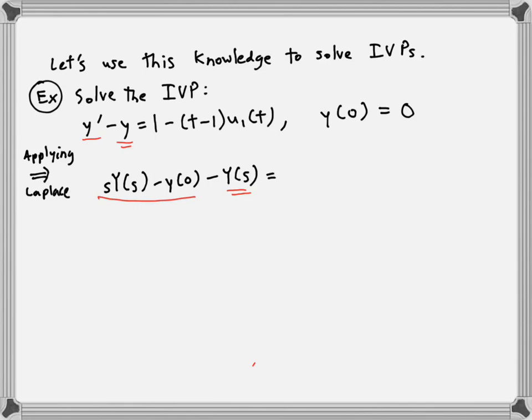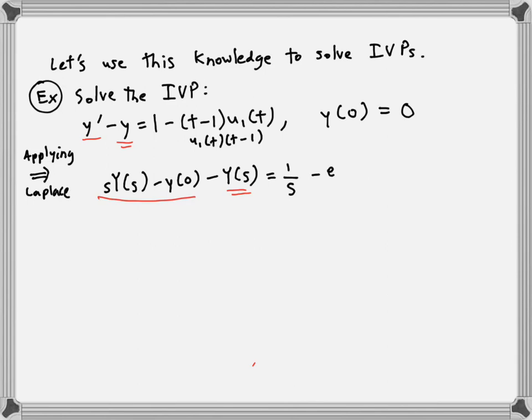And this is equal to what? So what's the Laplace of 1? We know that the Laplace of 1 is 1 over s minus, and now remember, this is u1 of t times t minus 1. And so I'm going to apply the shifting theorem to this. This is the second shifting theorem in action. So the shift is a 1, because that's the number that matches for both of those.